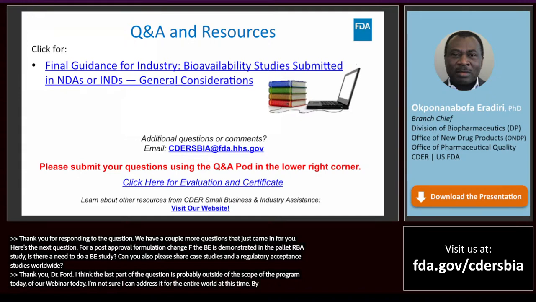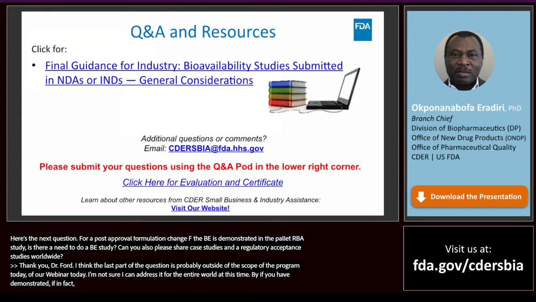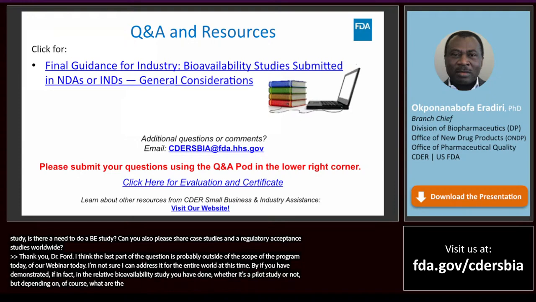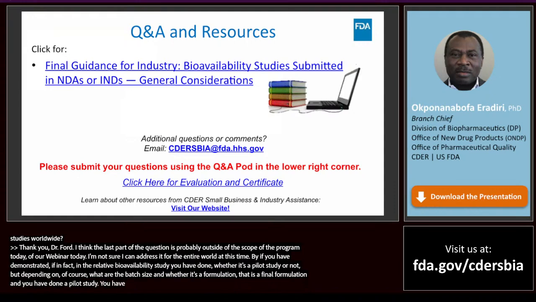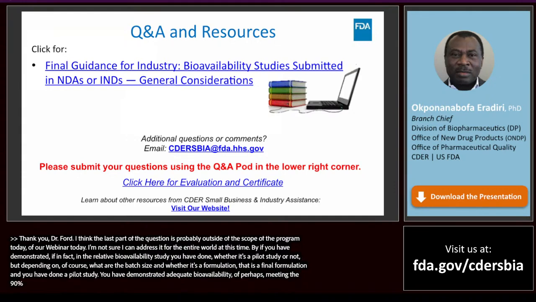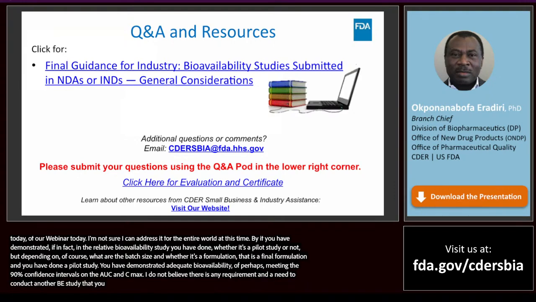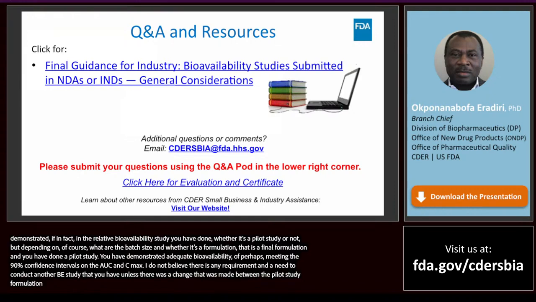But if in a relative bioavailability study that you've done, whether it's a pilot study or not, depending on what the batch size is and whether that's a final formulation, you've demonstrated adequate bioavailability, or perhaps even met the 90% confidence intervals on AUC and Cmax, I do not believe that there is any requirement or need to conduct another BE study that you label as pivotal, unless there was a change made between the pilot study product and the product that you're now expecting to commercialize.